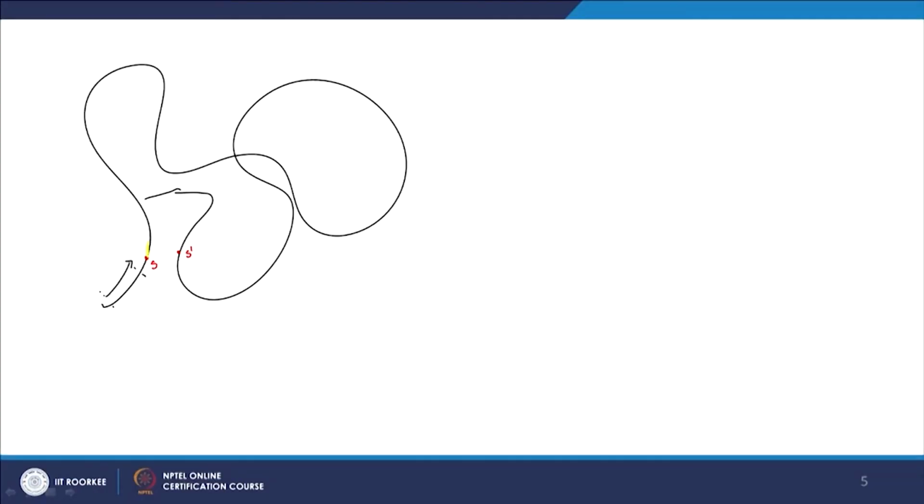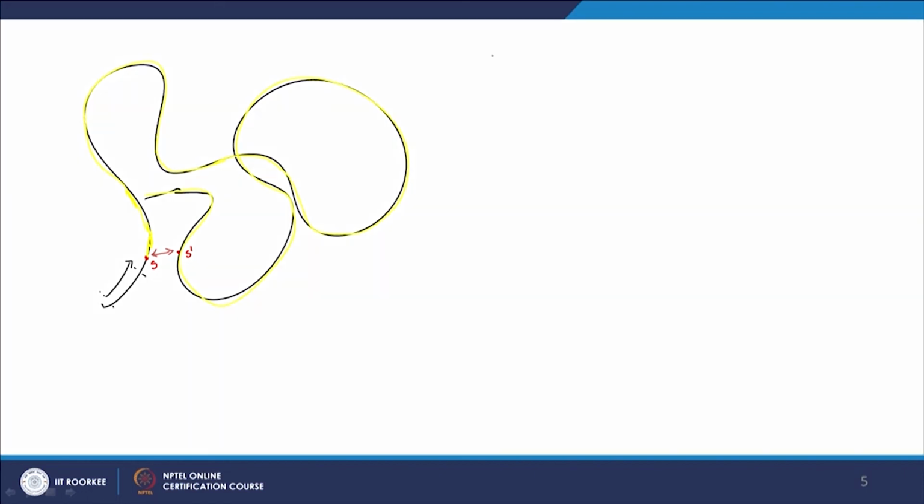If I have to find the contour distance between them, I have to essentially compute the distance that I am drawing like this. So, this yellow part indicates the distance along the contour. On the other hand, the physical distance can simply be this. Okay.